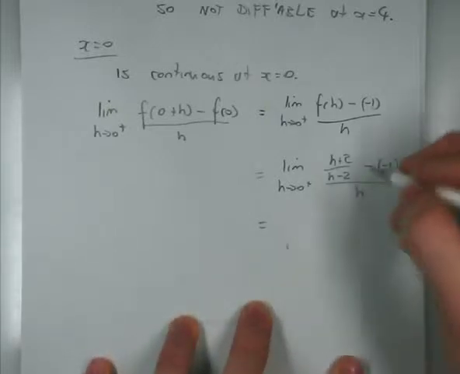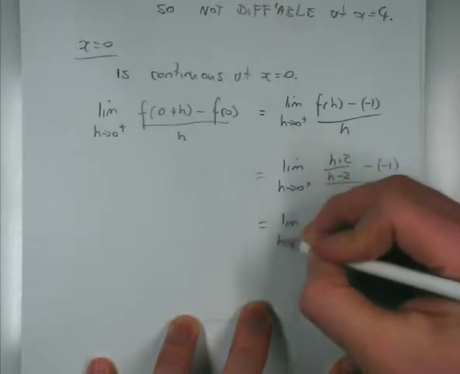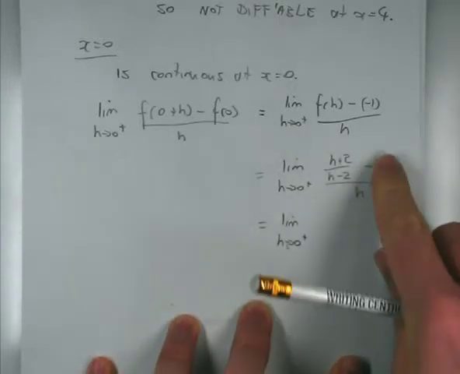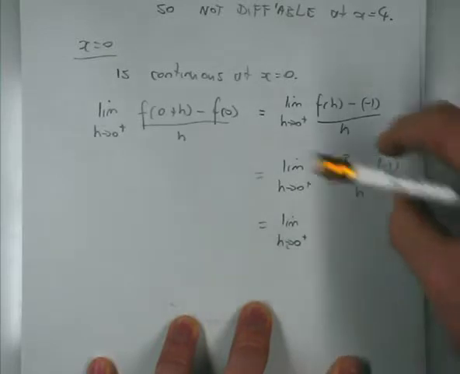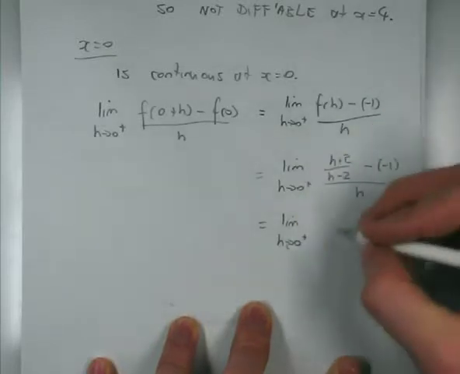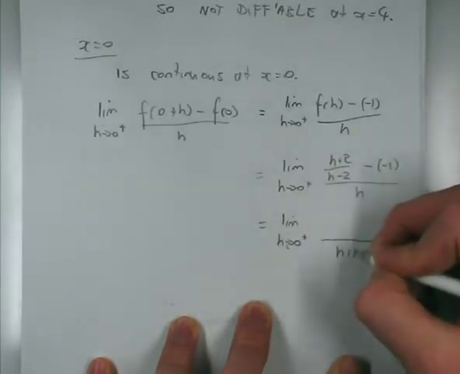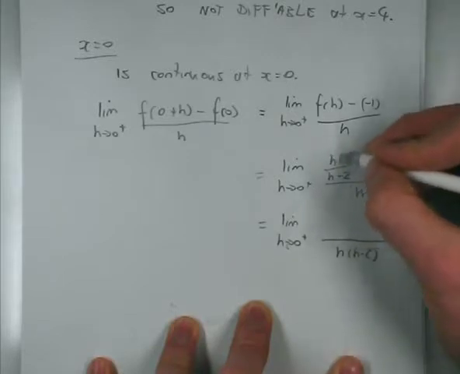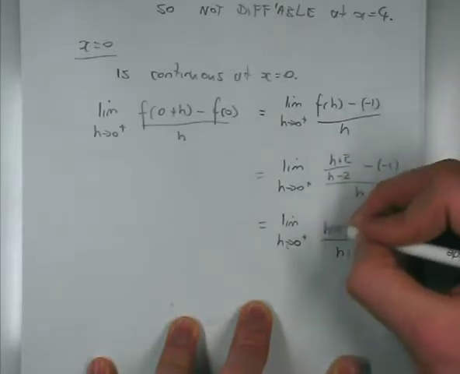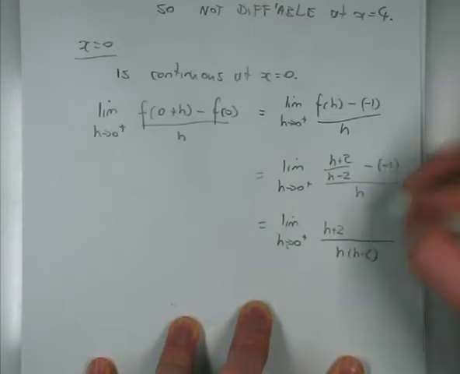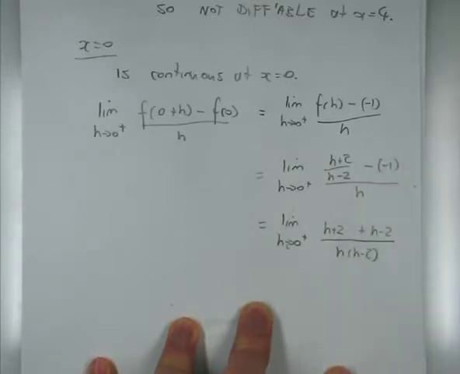With this one, the top has an h minus 2 on the bottom, so if I multiply both the top and the bottom by h minus 2, I'll get h plus 2 over h minus 2, times h plus 2, plus 1 times h minus 2.